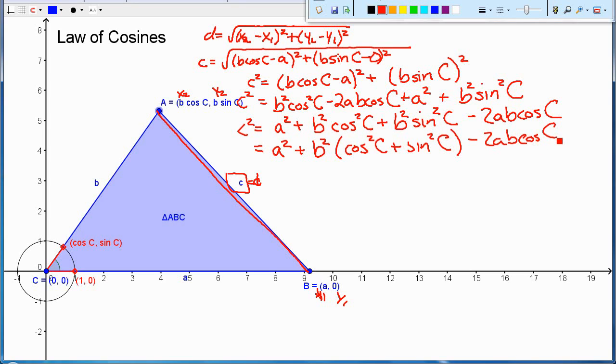The advantage is that this is the Pythagorean identity.